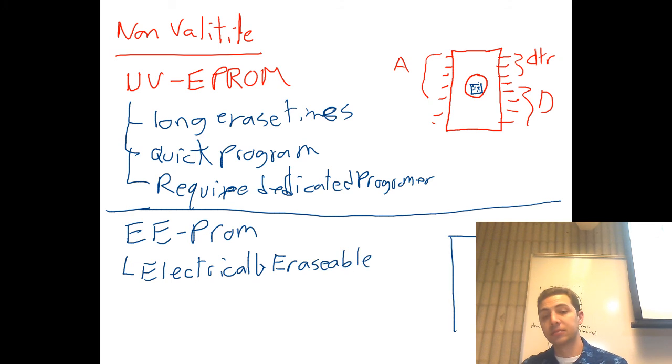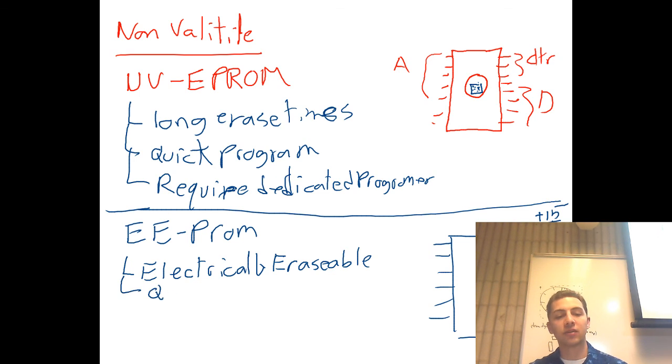So this chip, similar footprint, no window, but there were special pins on here that you would bring up to something like 15 or 30 volts. This is a normally 5-volt device, but if you put 15 volts on this device, you could electrically erase it.